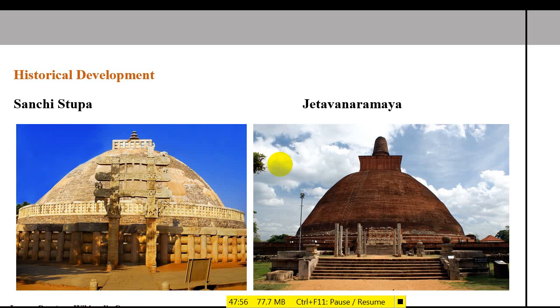The same thing happens in India: you cannot see many temples north of Hyderabad. You can see temples south of Hyderabad, but not north of it.